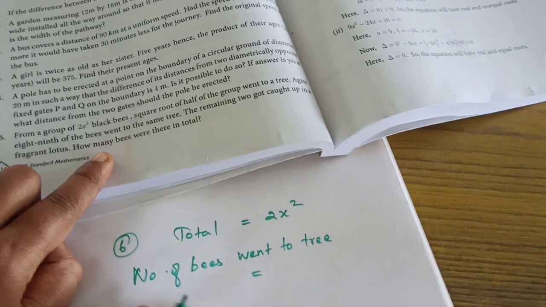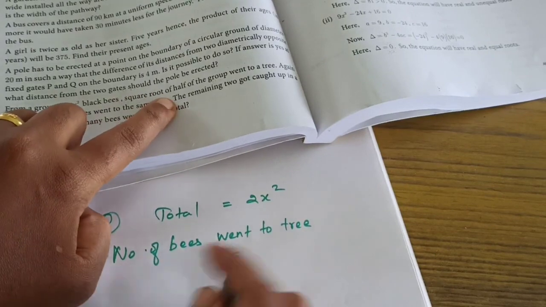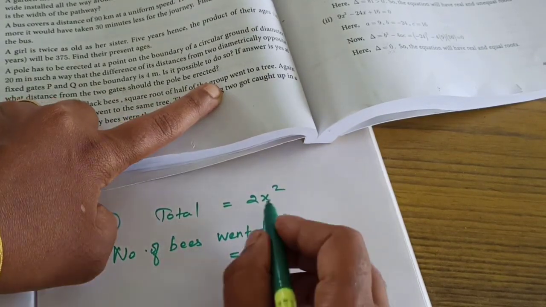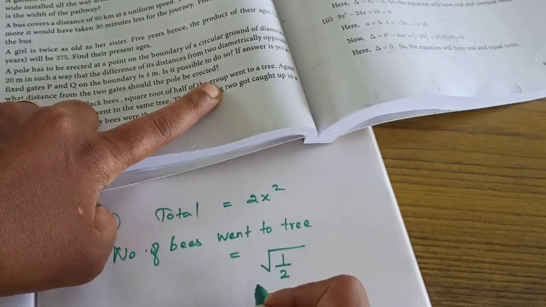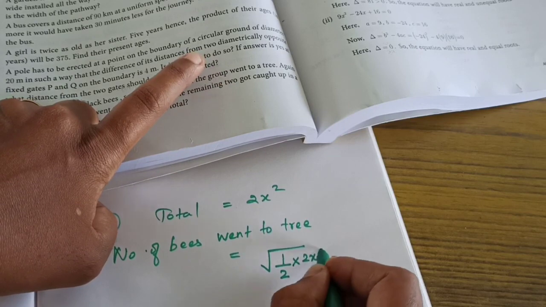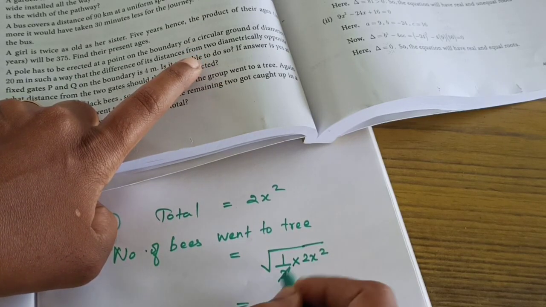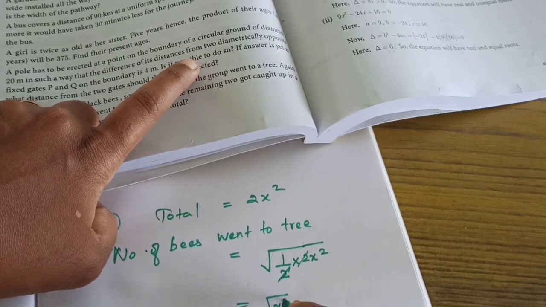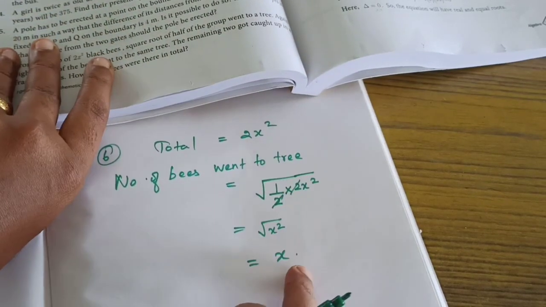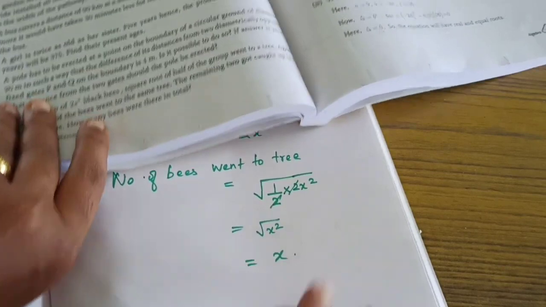How many bees went to the tree? Square root of half of the group. Half means 1 by 2, half means multiplication. Group means 2x square. So 2 gets cancelled and root of x square is x only. So the number of bees that went to the tree is x only.